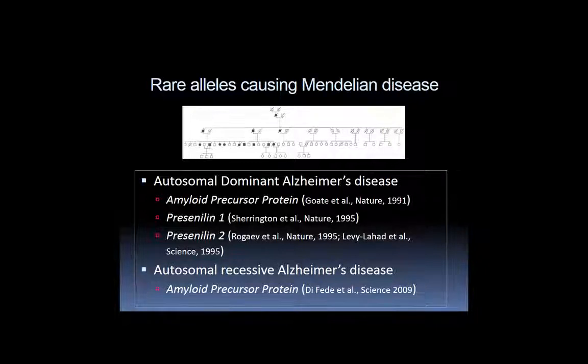But we were fortunate that we had this family, which we already knew from studies that we had published earlier did show linkage to chromosome 21.